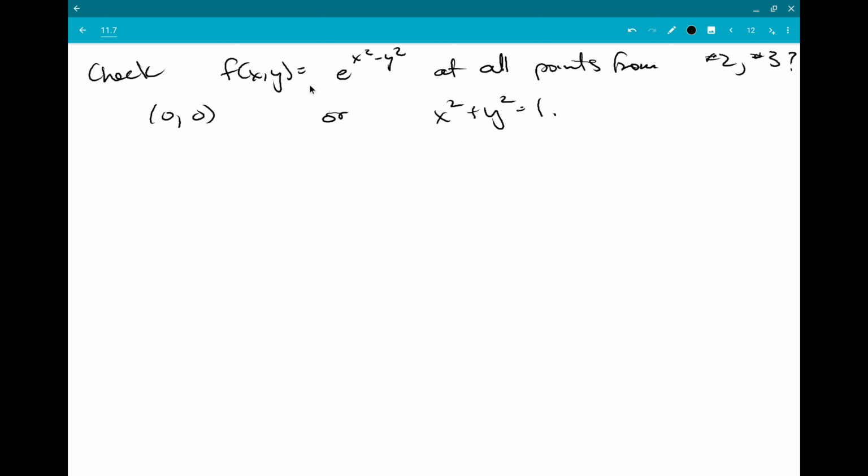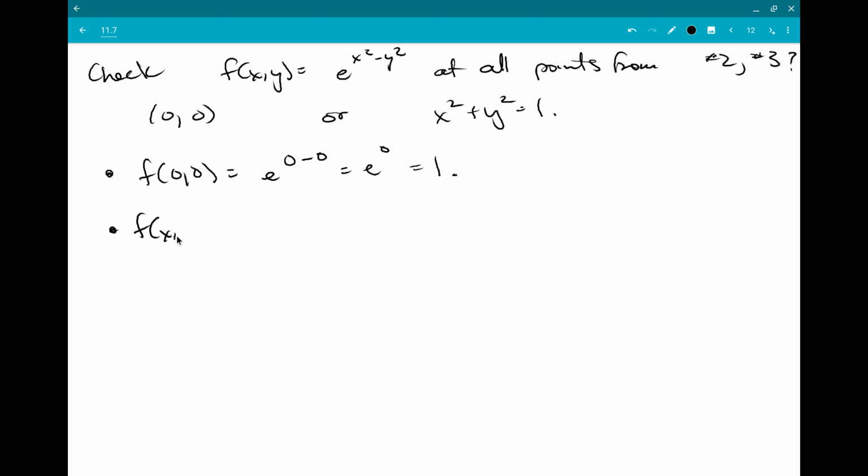So I'm going to start with 0, 0 because that's easiest. F of 0, 0 is e to the 0 minus 0, is e to the 0. That's cute. Is 1. So I don't have anything else to compare to yet, but I definitely know at the critical point 0, 0, the value of the function is 1.